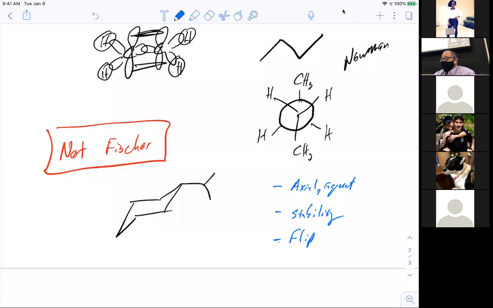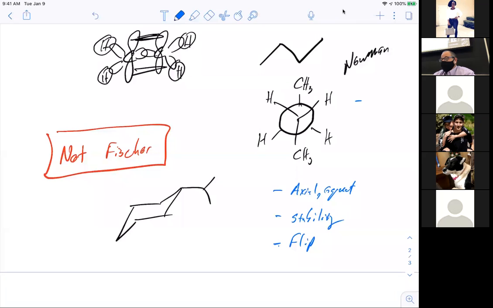When you're looking at conformations, okay, not only do you need to do it, but you need to understand the energy. You need to be able to identify anti, gauche, staggered, eclipsed, right? And should be able to identify the most stable.